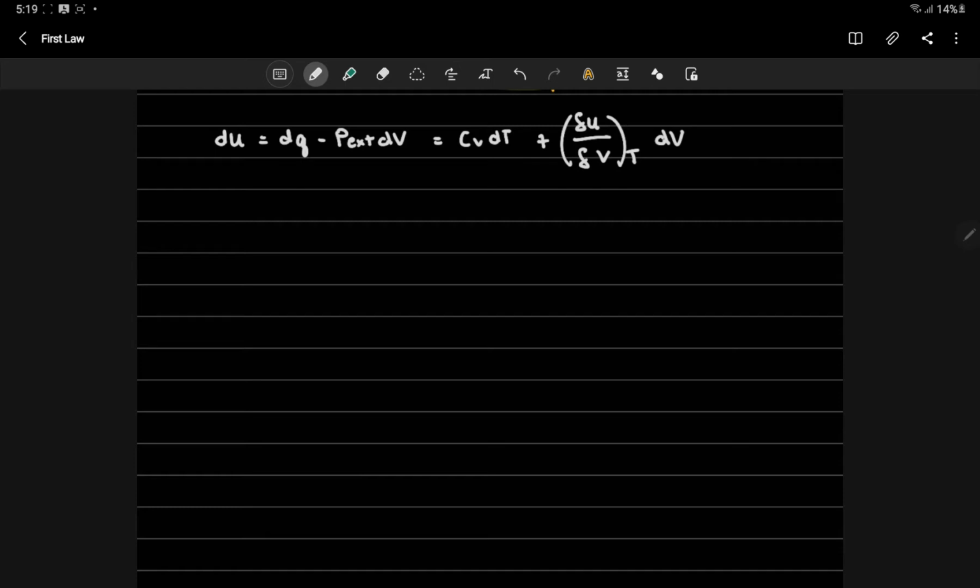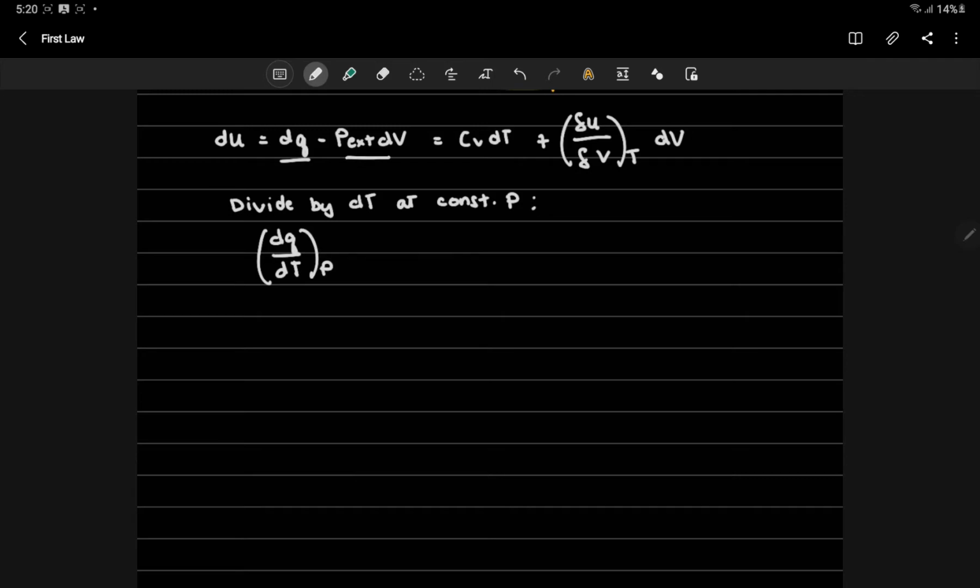Now, let's divide this equation by differential T at constant pressure. Okay? So, umpisahan natin dito sa dq, so magiging dq over dT at constant pressure.